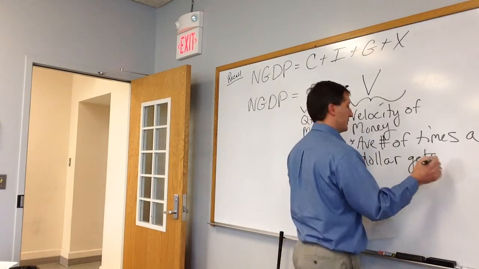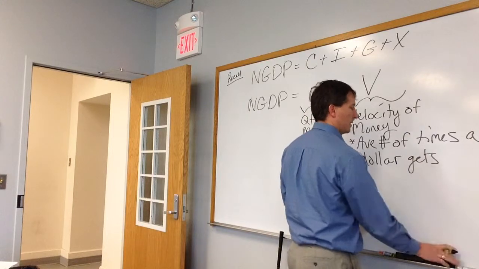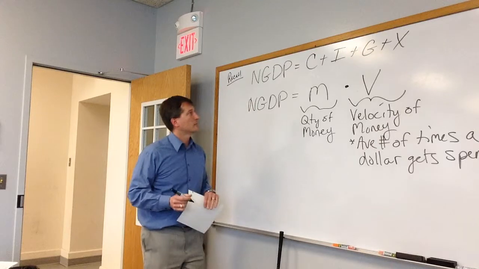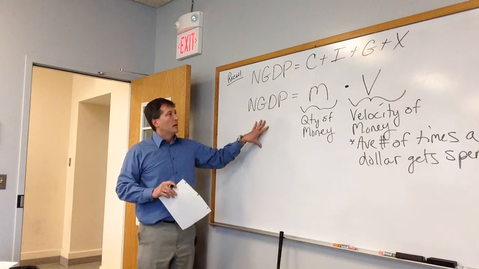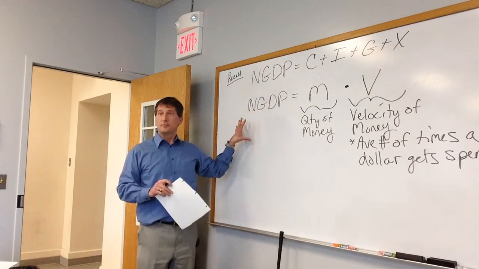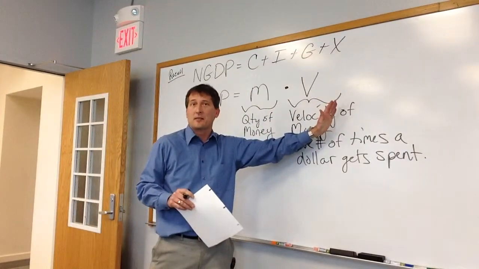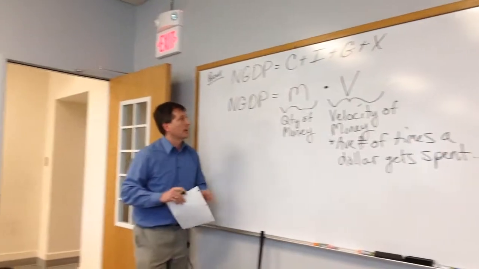Here's all the stuff we bought. Here's the money that was in the system. Here's the average number of times the money got spent, right? So it's kind of just measuring that relationship.